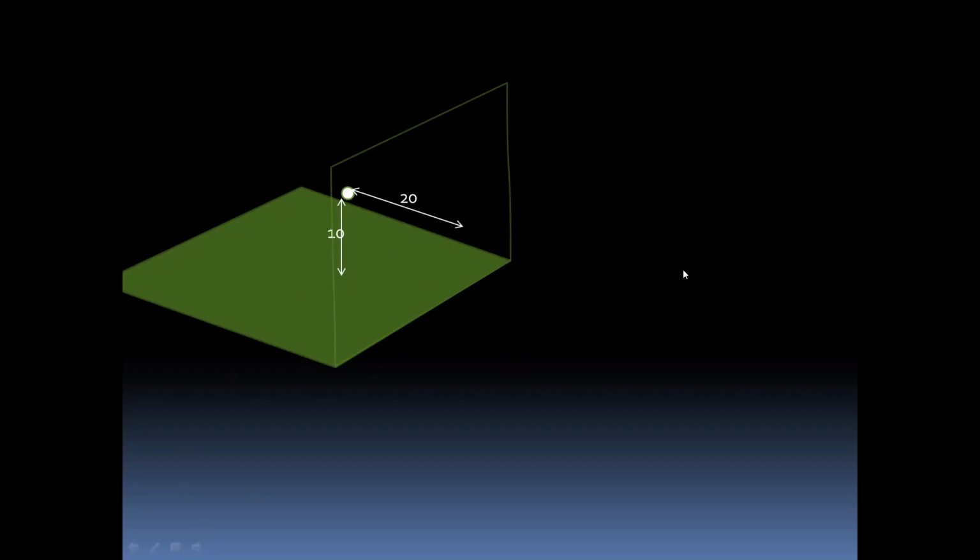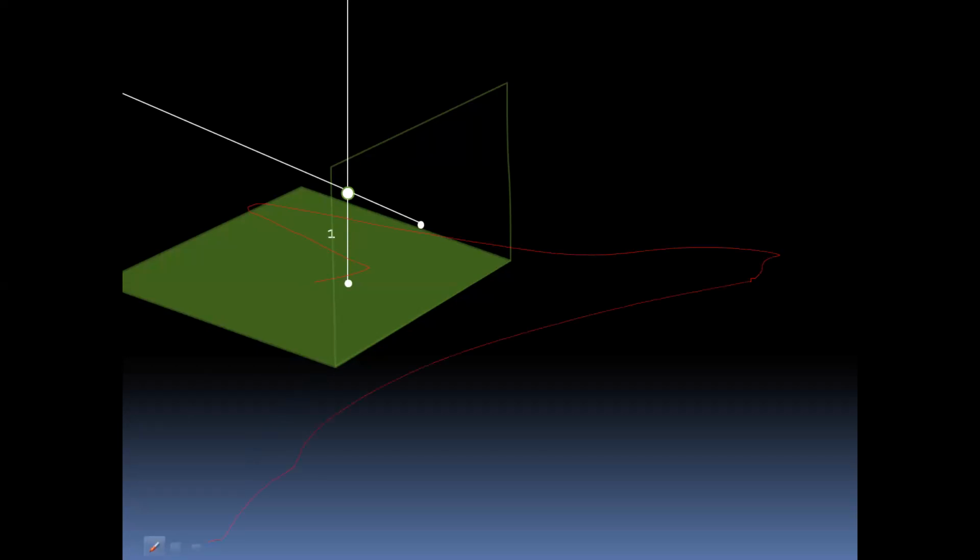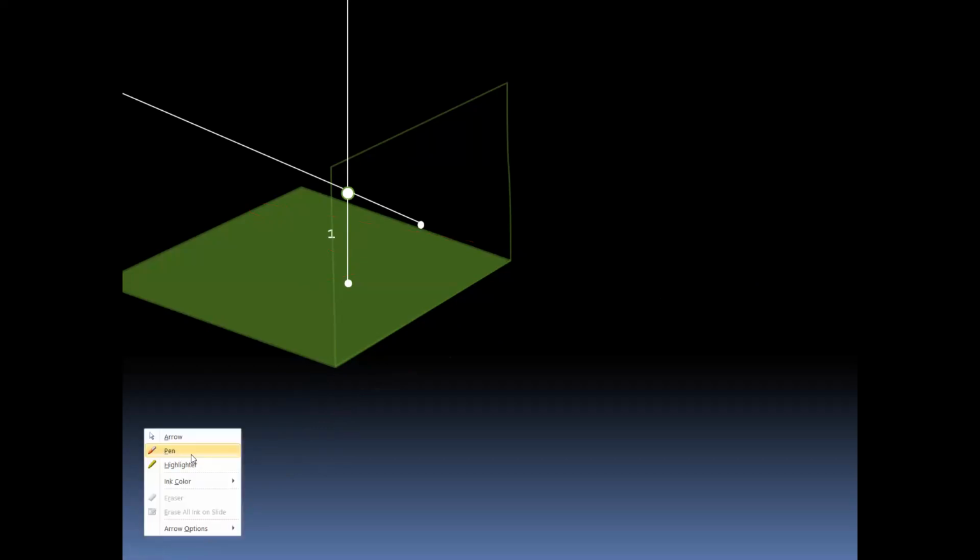Now for the observer, its position will be the same. So this is the observer position. This is the top direction. So for any view or any quadrant, the position will not change.